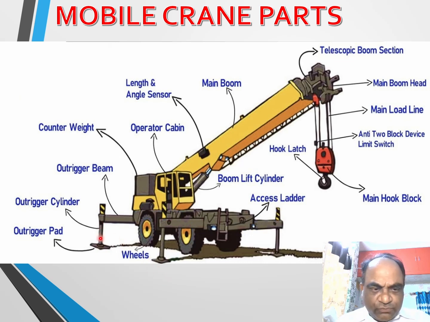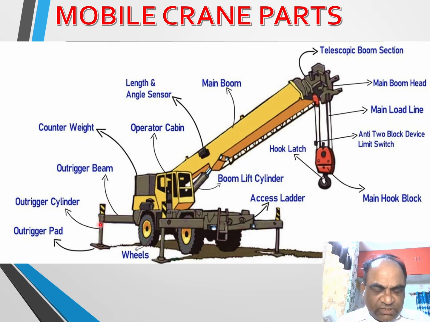So it has got four outriggers on all the four corners of the crane, and this gives the crane a larger area for balancing itself. So outriggers have a hydraulic system. So hydraulic cylinders are there.